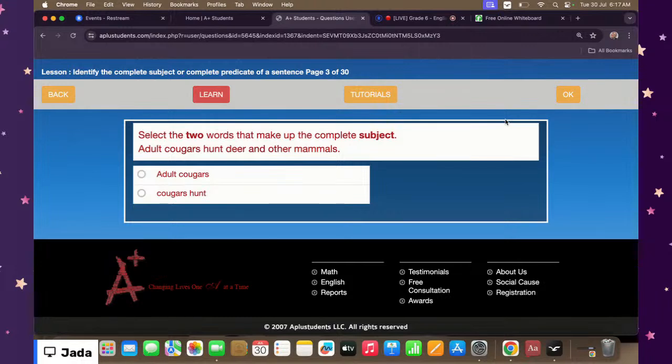On to the next. What's the answer here? You need to find the complete subject from this one. What's the complete subject? For the next question, what is the complete subject here?